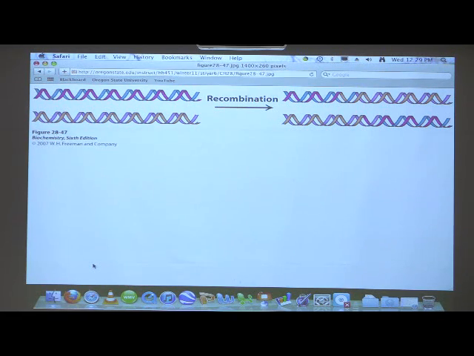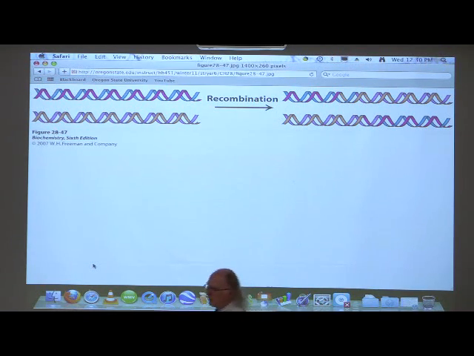Because recombination happens during the development process. The recombination happened when you were a fertilized egg. It happens in every cell. And as a consequence, you have DNAs that neither of your parents have. A lot? No. A few? Yes. Okay? So recombination gives rise to new DNAs that neither parent originally had.